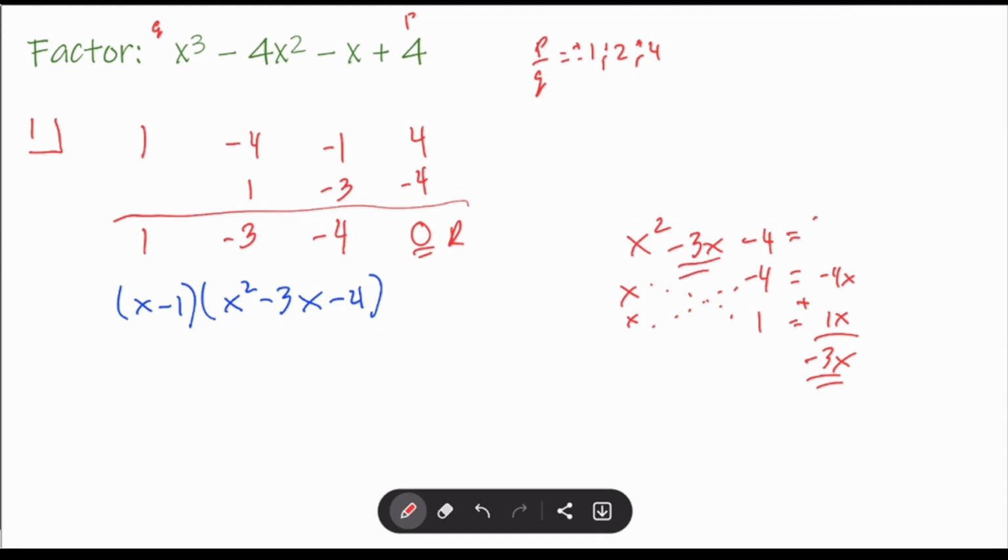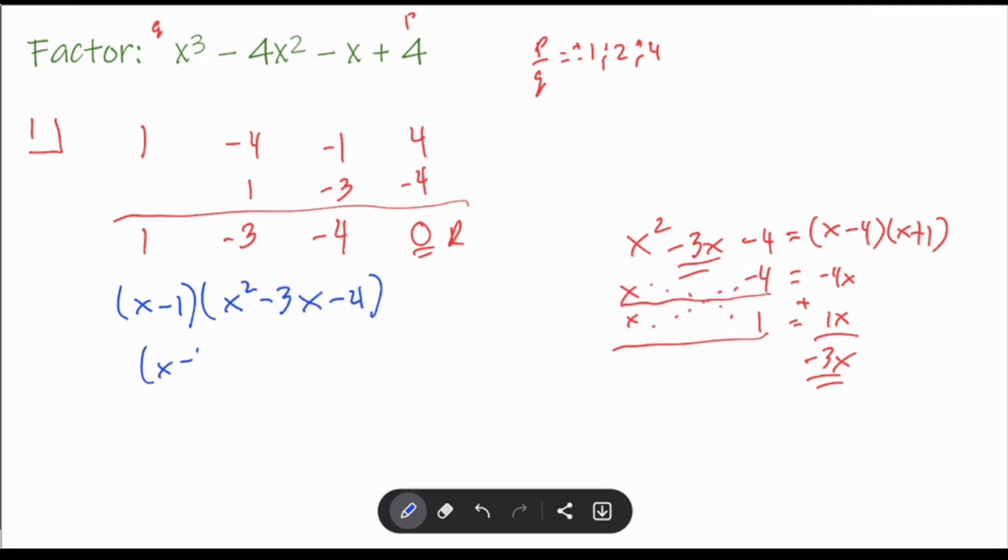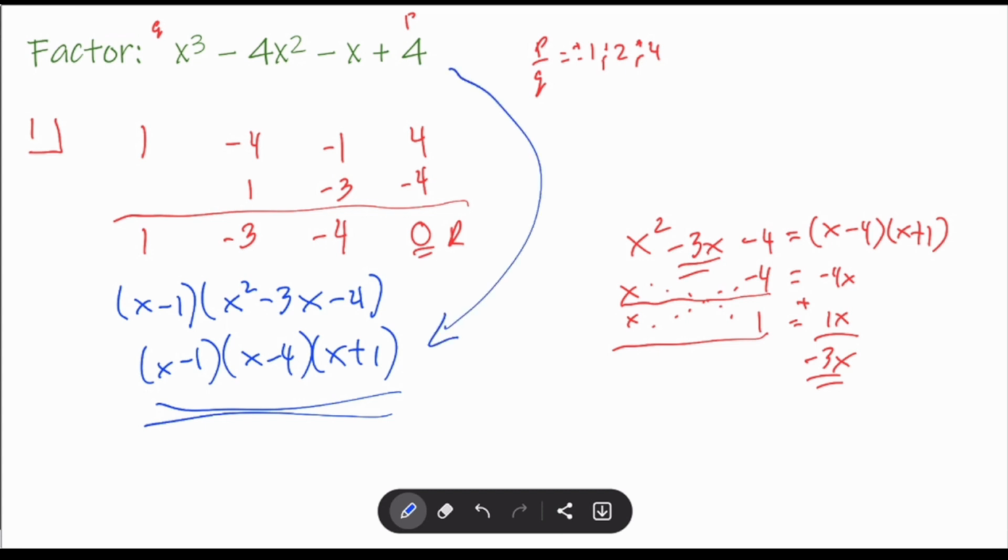So the factored form of this is x minus 4 times x plus 1. So the factored form will be x minus 1 times x minus 4 times x plus 1. So you can basically rearrange the three factors. It will still be correct, even if you rearrange the three factors.